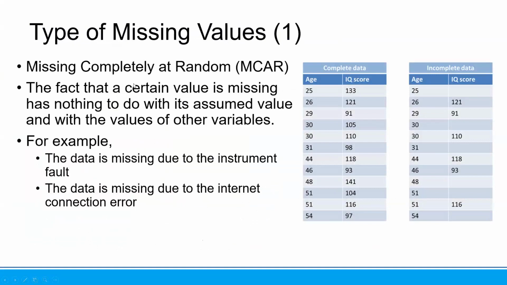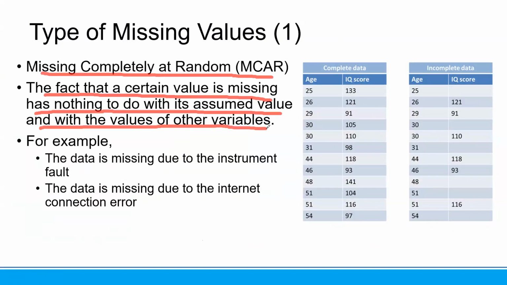We call it MCAR. The fact that a certain value is missing has nothing to do with its assumed value and with the value of other variables.